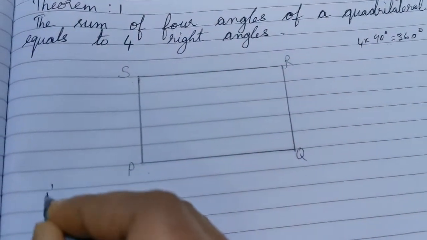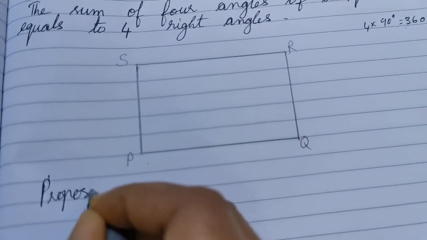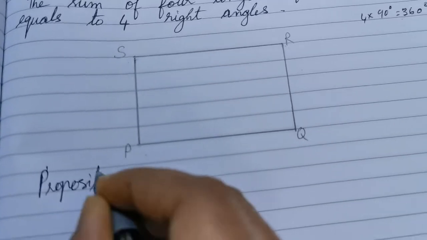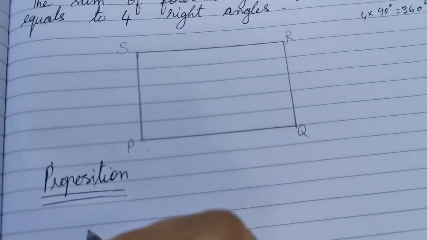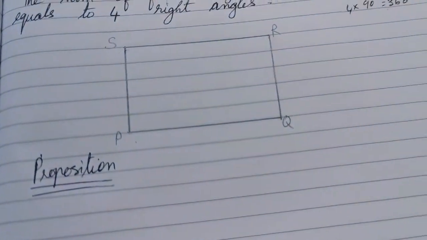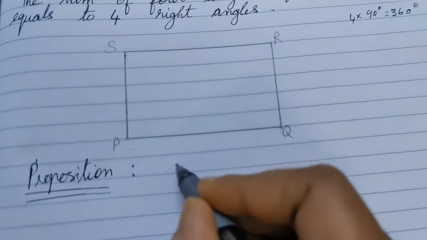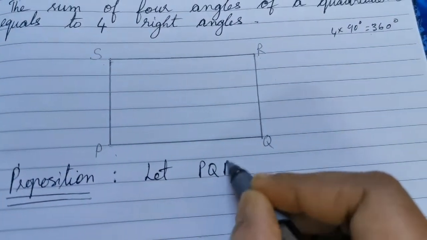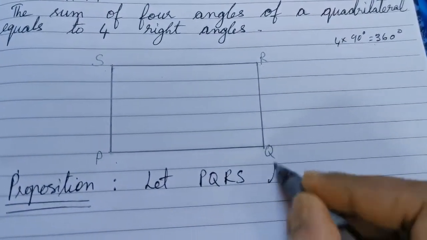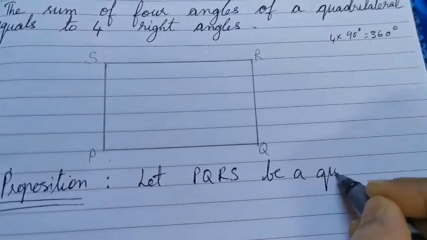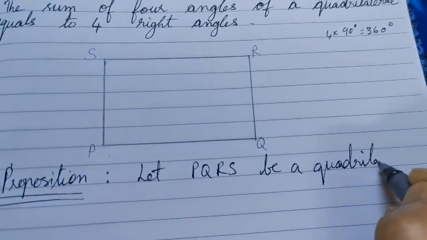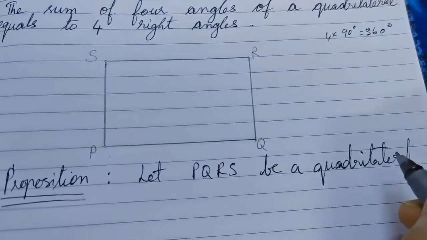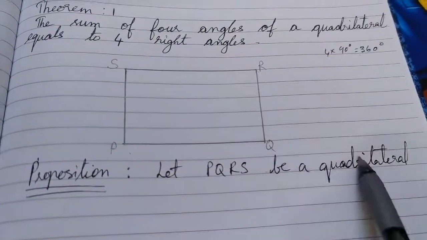Let PQRS be a quadrilateral. I only have this, only this is mentioned.